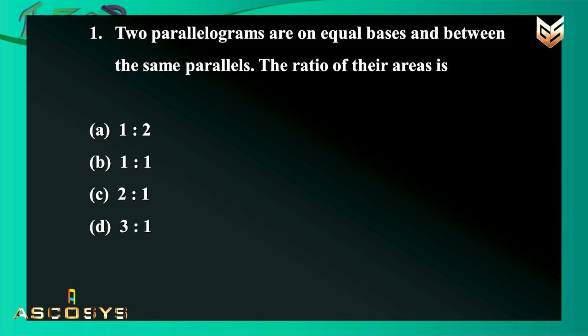Since the two parallelograms are on the same base and between the same parallels, same base or equal base, same thing, their areas are equal and that is why the ratio of their areas will be 1:1. That is, option B is the correct option.